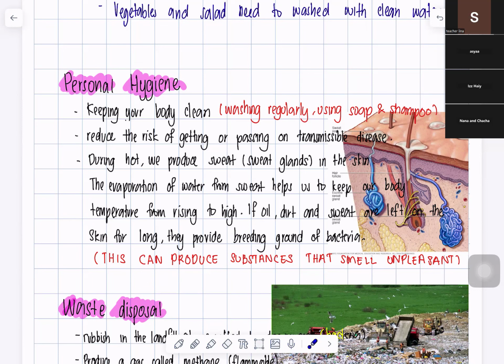You need to wash regularly using soap and shampoo. Make sure no oil or dirt or sweat is left on the skin for a long period of time. After you sweat, you need to wash it away and clean your body with soap and shampoo.